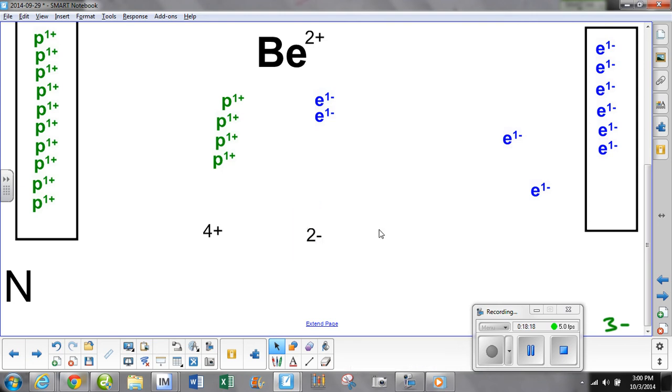And that is going to tell us that we have how many net? 2 plus or minus? Yes, indeed. So we had a 4 plus that we added to a 2 minus, and we come up with 2 plus, and that is the charge on our ion, and that's the way it has to happen.